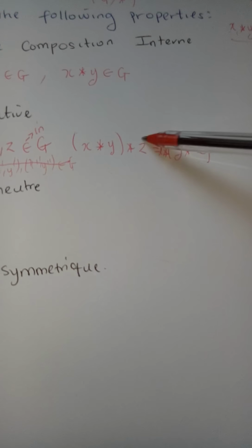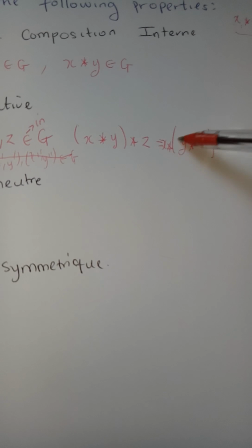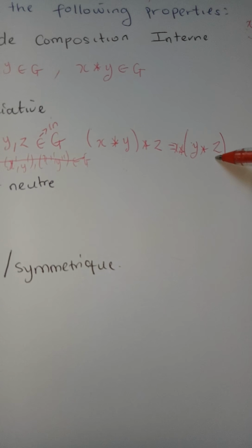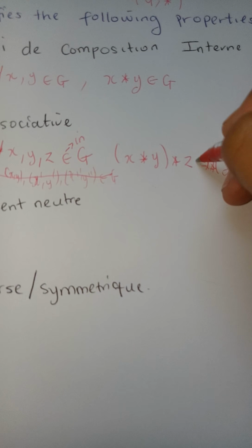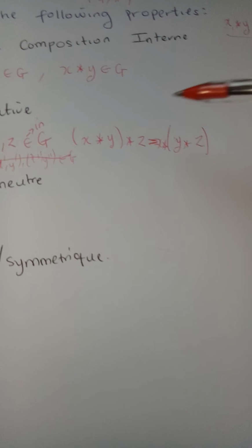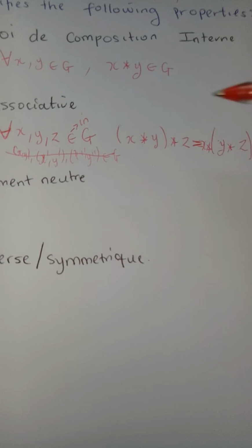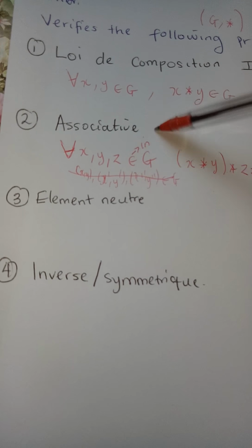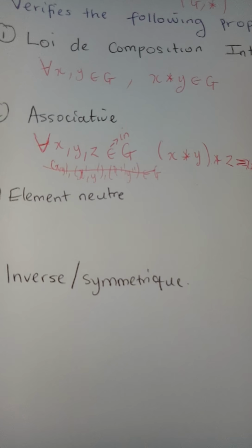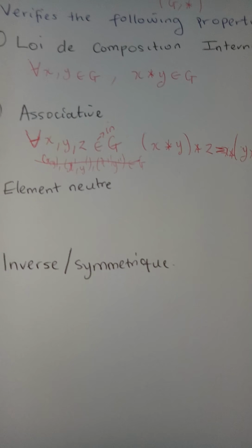And if this part is equal to what you have here, this is égalité, equal to, if they can verify themselves, then this one verifies à gauche et à droite, that means it is associative. Now, element neutre.